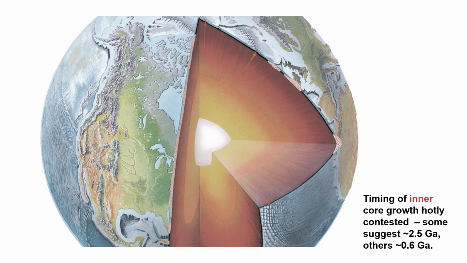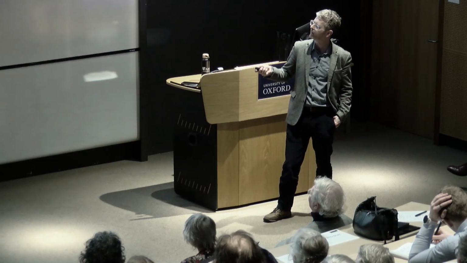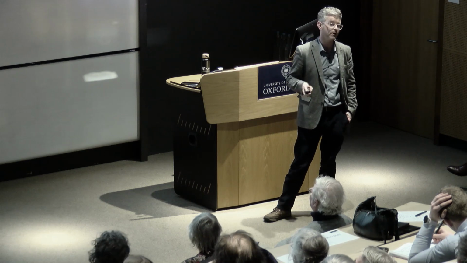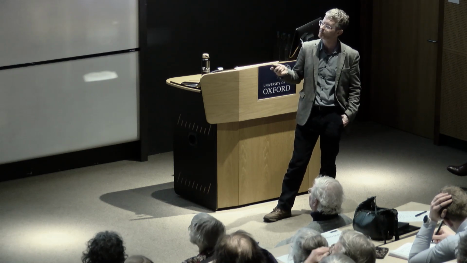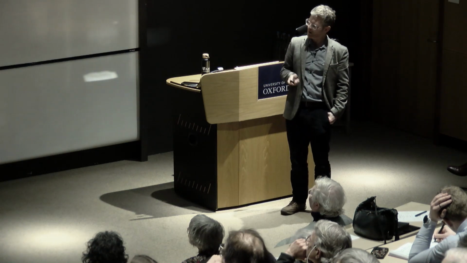So this is an ongoing suggestion that this late inner core segregation may have been quite a rapid event that coincided interestingly with the evolution of the first multicellular organisms. Some people have linked those events.